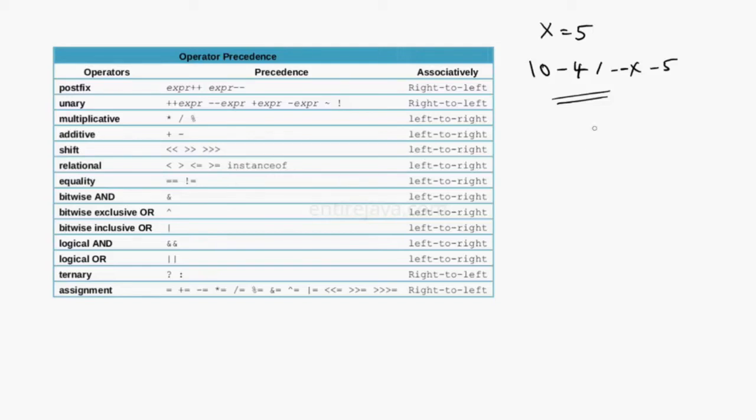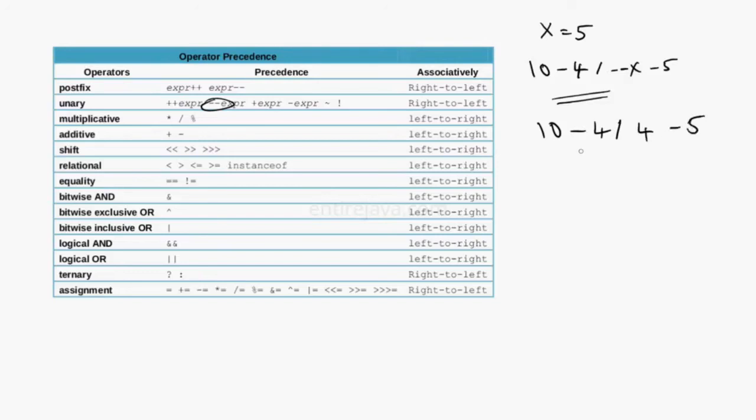Okay, so in this equation we have 4 operators, of which the predecrement operator has the highest precedence. So this will be evaluated first. So 10 minus 4 divided by the predecrement of 5 would become 4 minus 5.